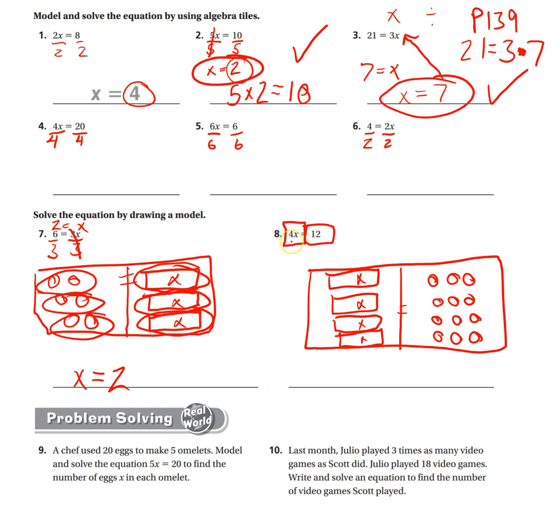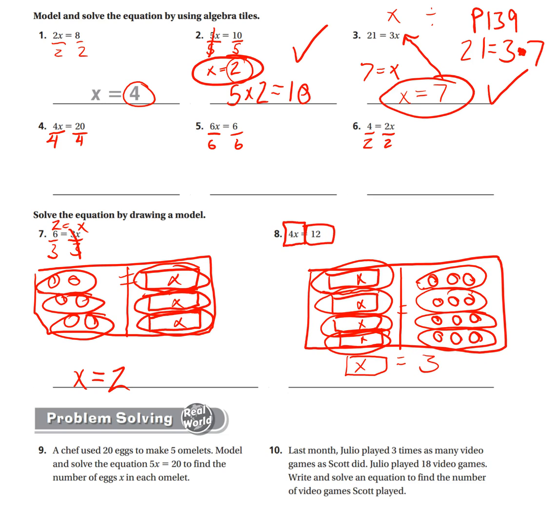And this coefficient 4 tells me how many equal groups I need on each side. I need 4 groups. 1, 2, 3, 4. So in each group there's 1 x. And then on this side, 4 equal groups. 1, 2, 3, 4. Each group has 3.